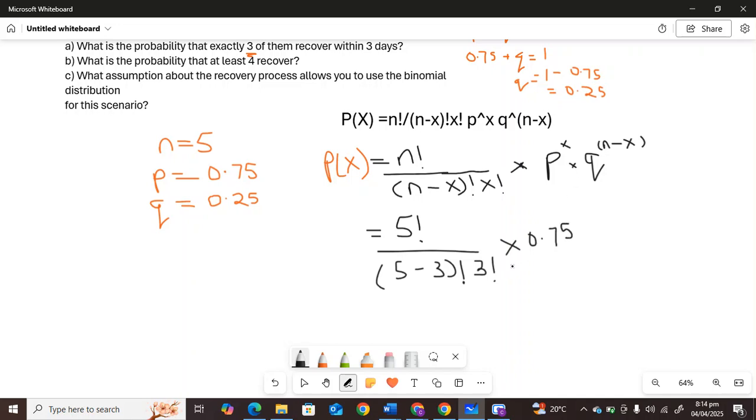So we're going to say 0.75 to the power 3 since x equals 3, multiplied by q, which is probability of a failure, 0.25 to the power n, which is 5 minus 3.